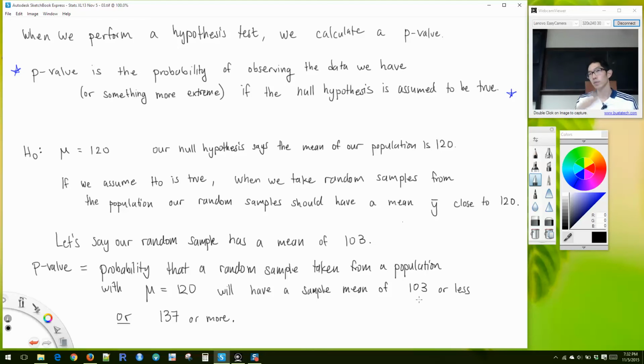All right, and so the answer to this question, when we calculate our p-value, we can apply the central limit theorem and do these kinds of probability calculations. Okay, I think we learned that in chapter 5, doing these calculations for random samples.